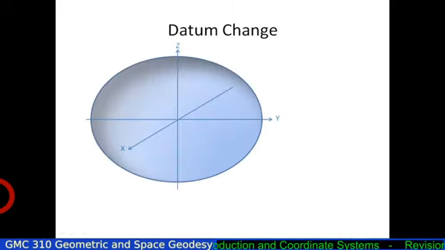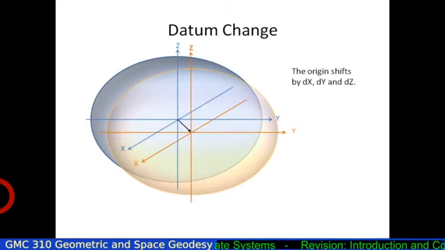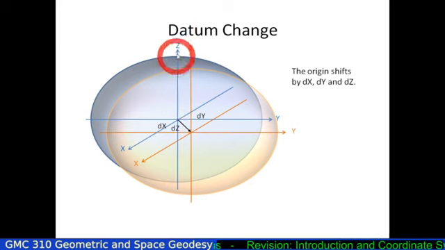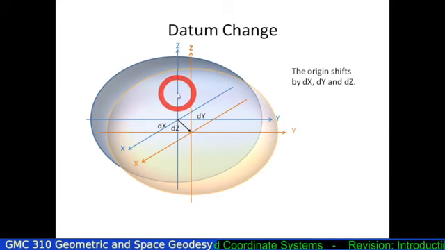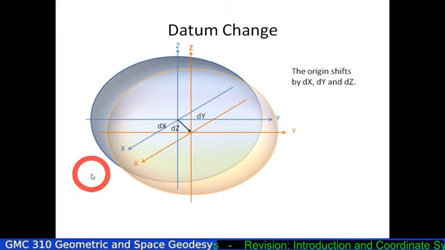So when we change datums, we have a datum 1, and the origin then shifts with a dx, dy, and dz. And because we're working with Earth-fixed datums, your x, y, and z coordinates are fixed to the equator and to the rotation axis of the Earth, so you don't have a real problem of rotations about the axes, although there can be.